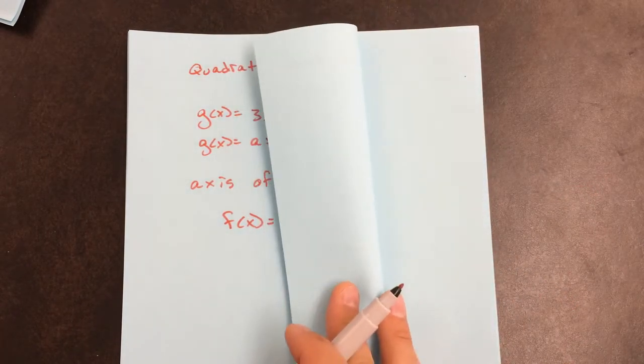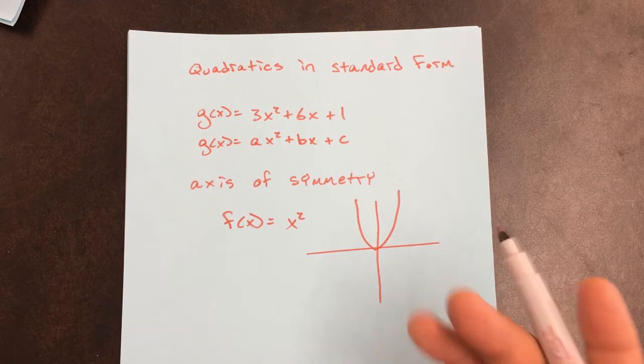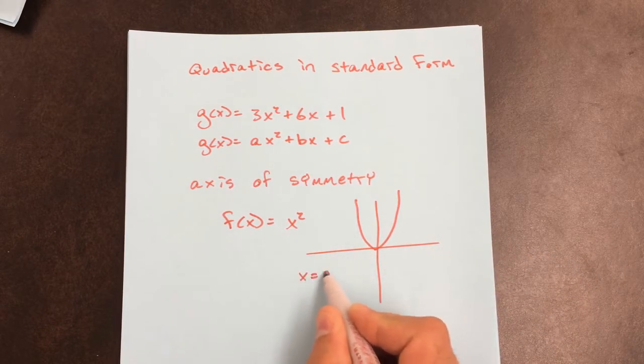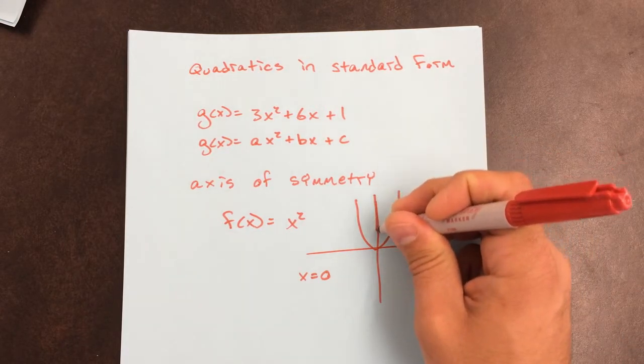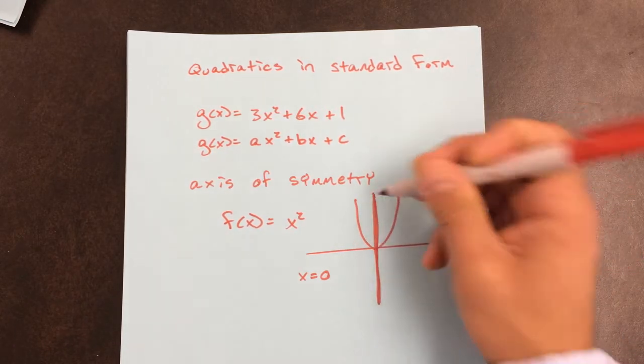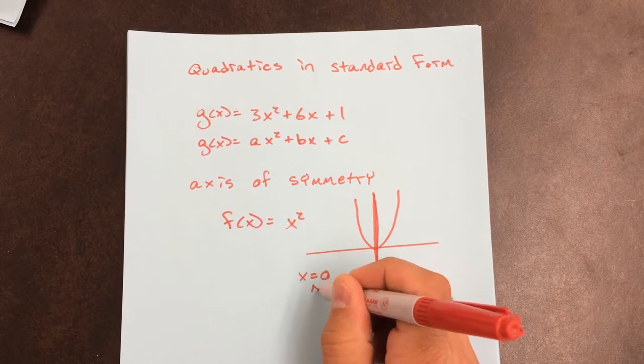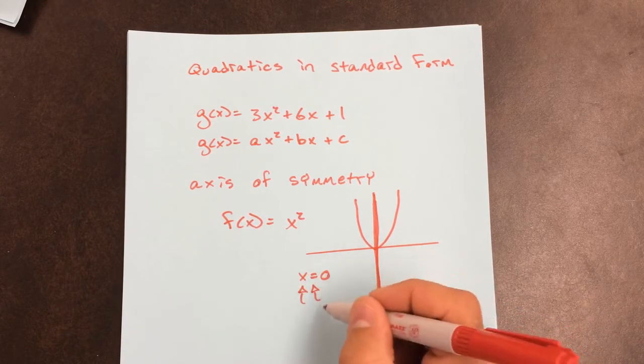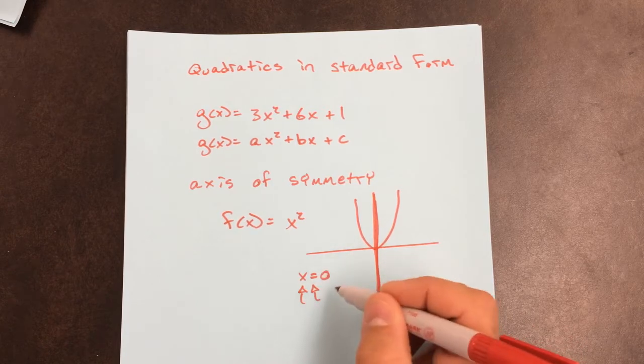So the axis of symmetry for this is x equals 0. It's the equation of this line right here, which means it needs an equal sign to be an equation, and it needs the x value. So what we're really looking for is the value right here.